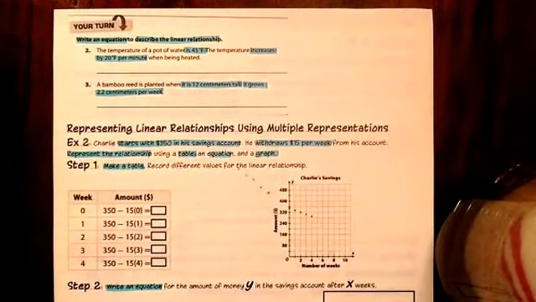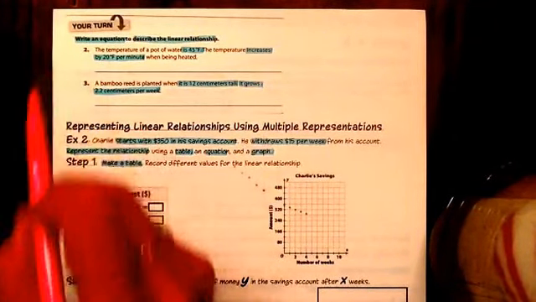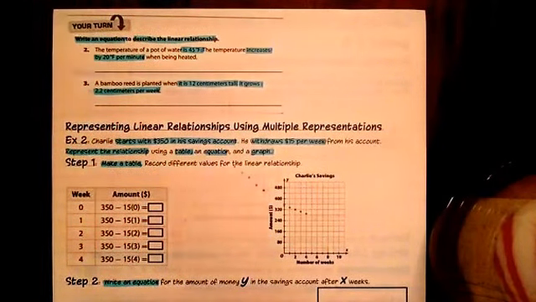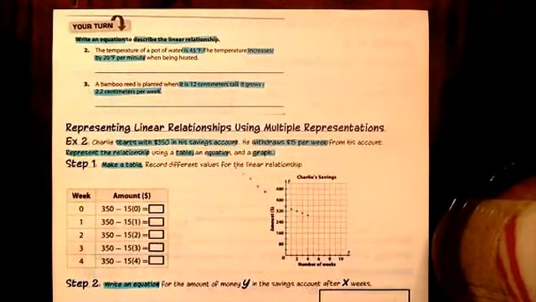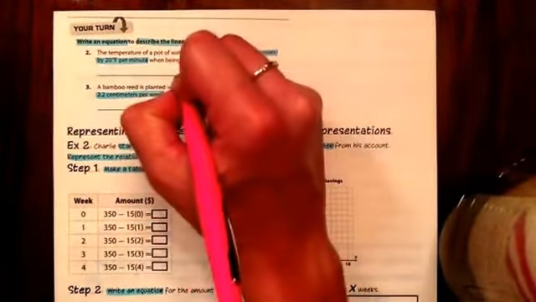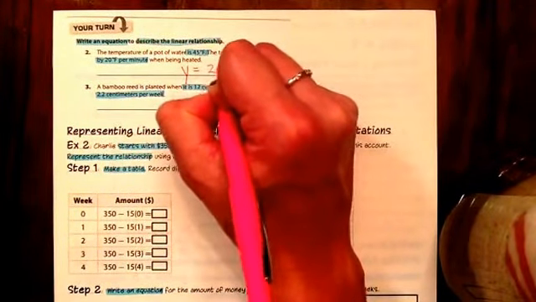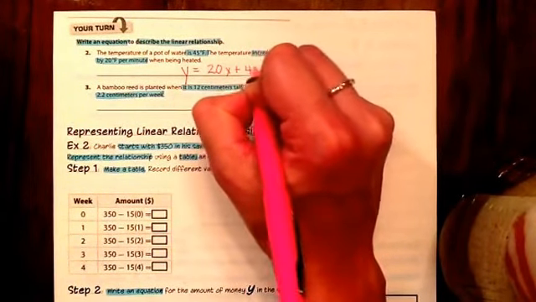All right. In the first one, number 2, it says that the temperature of a pot of water is 45 degrees Fahrenheit. The temperature increases by 20 degrees per minute when being heated. So your equation here should have been y equals 20x plus 45.